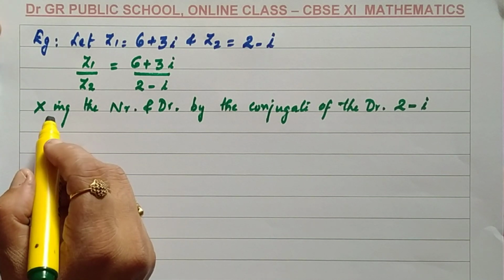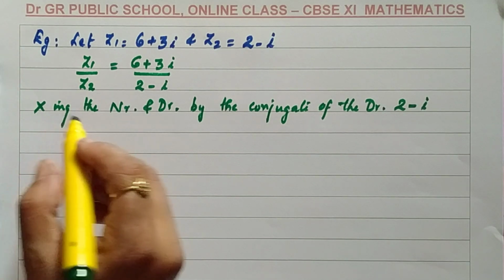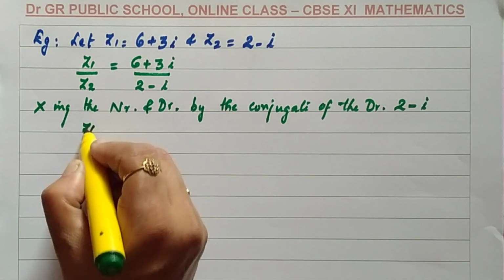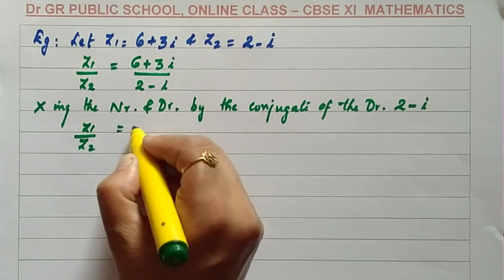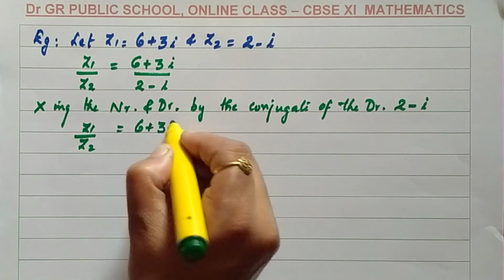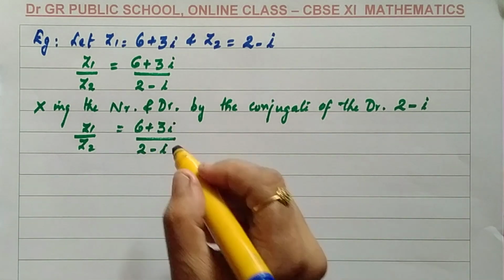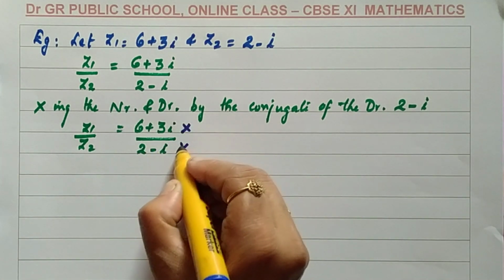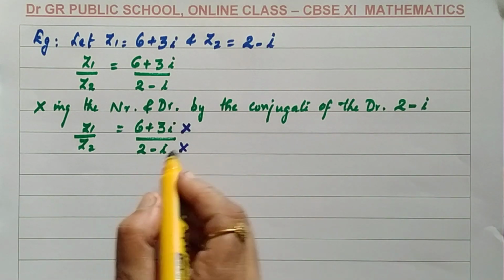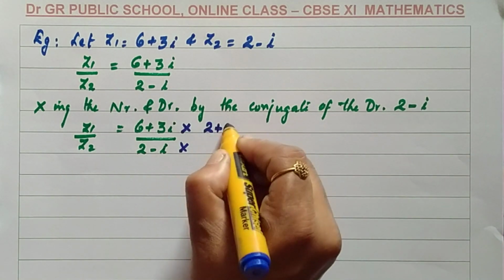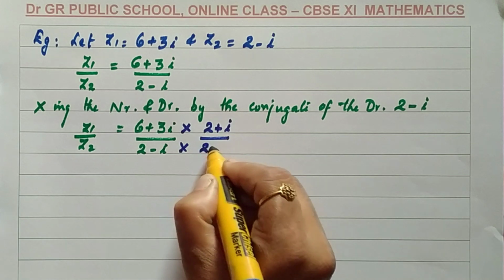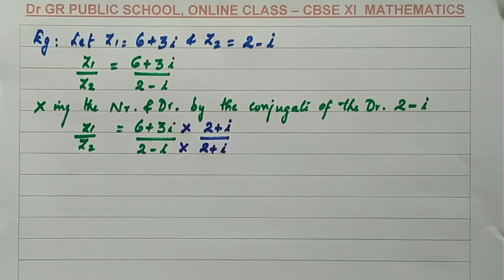That is why I teach conjugate of complex numbers at first. So z1 by z2 equals 6 plus 3i divided by 2 minus i. You need to multiply the numerator and denominator with the conjugate of 2 minus i, that is 2 plus i.